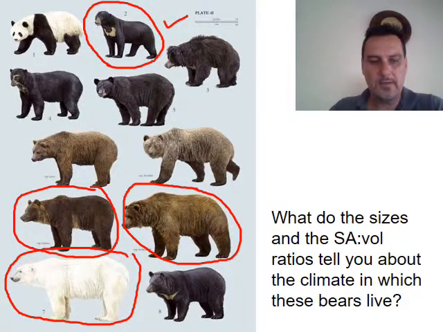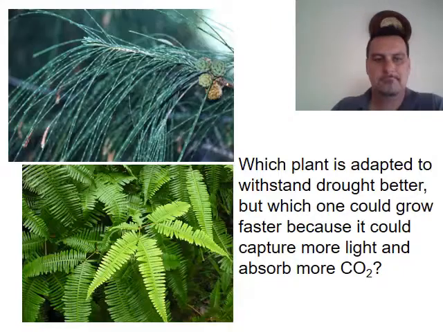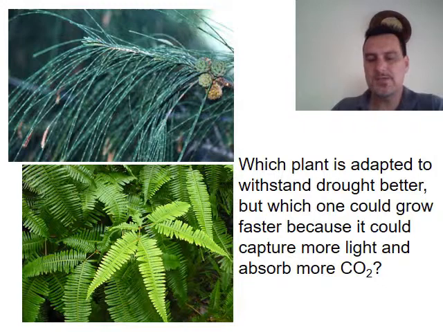On the other hand, however, these bears in colder climates are much bigger, and because of that their surface area to volume ratios are smaller, and so it actually retains the heat. But in this particular case, the size and the reduced surface area to volume ratio is quite an advantage for them.